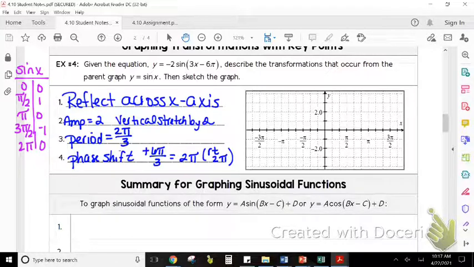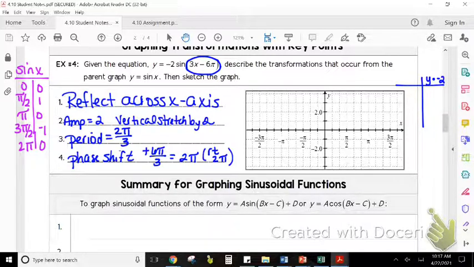Now when I go to do my transformation table, I can look at it here and it tells me that my y's are going to be multiplied by that negative 2 at the beginning. Now, the x's is going to be what's in here. Remember, we do the opposite, including PEMDAS.